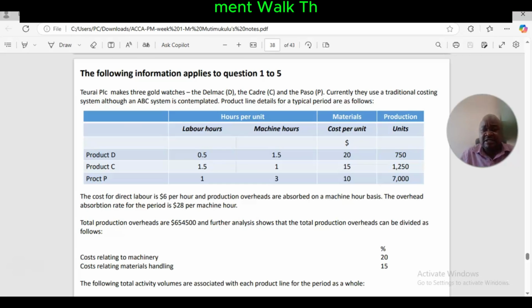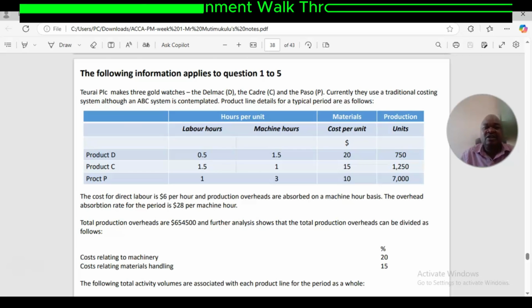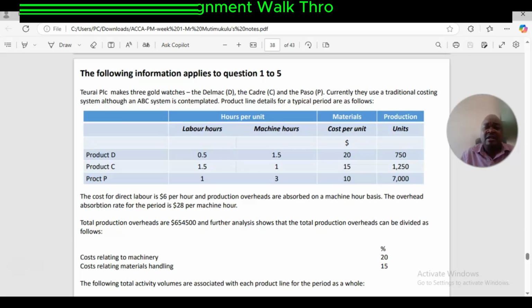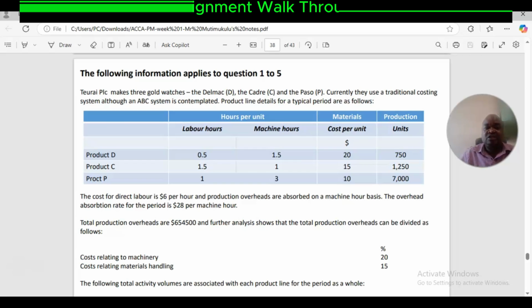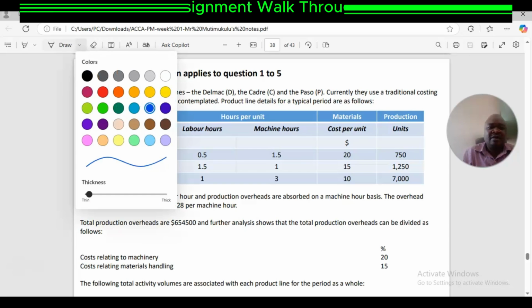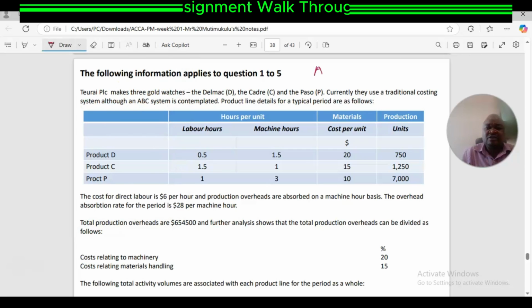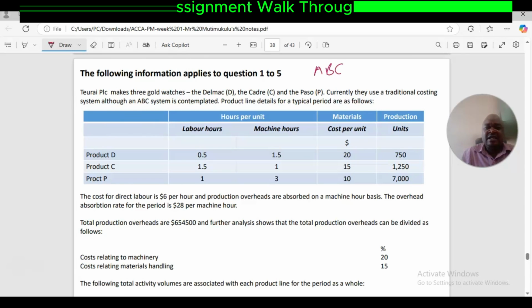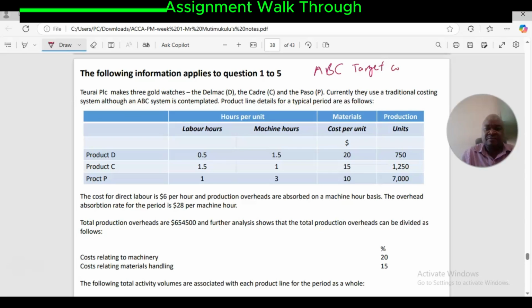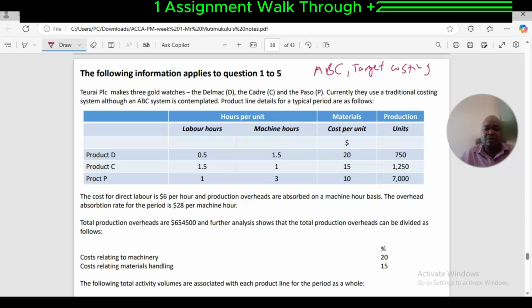The areas which were assigned to us to cover related to activity-based costing, ABC, as well as target costing. These were the major areas which you were supposed to respond to. The questions were linked to this.